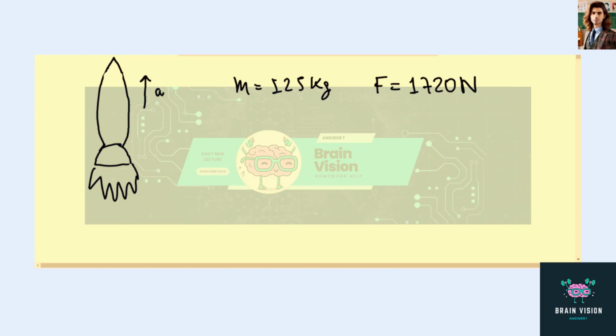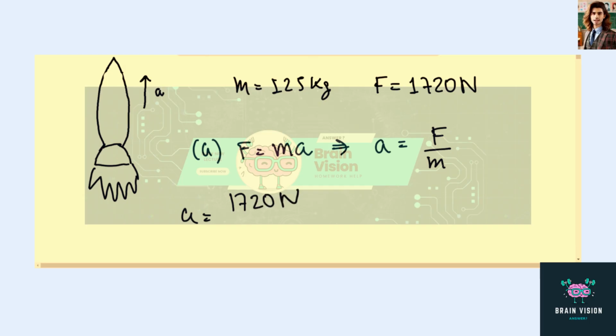To calculate this initial acceleration, we simply use Newton's second law, which states that the force acting on a body is equal to the mass of the body times the acceleration. So if we want to find the acceleration, in this case it is going to be the force over the mass, which is 1,720 newtons over 125 kilograms.